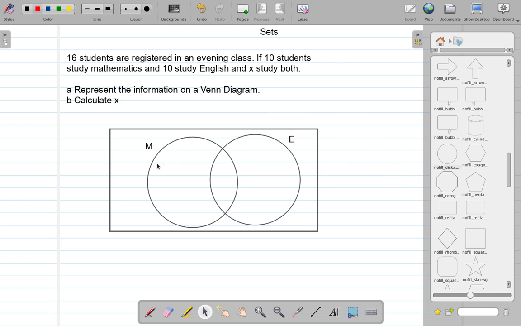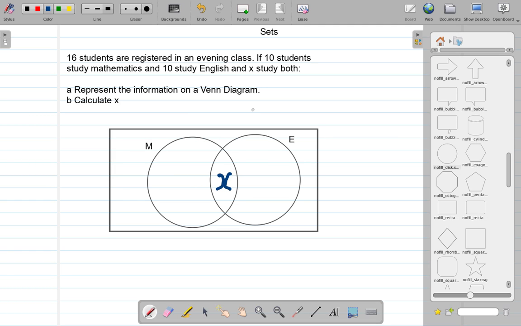So this circle represents the set of students doing mathematics, and this the set of students doing English. Now 16 are there, 10 study maths, 10 study English. X study both. Since X study both, then what I'll do is put X here. Let me use a different color. I will put X here to represent those who do both.